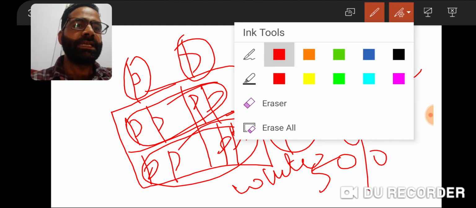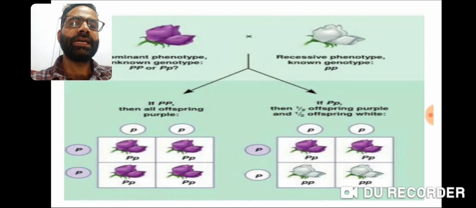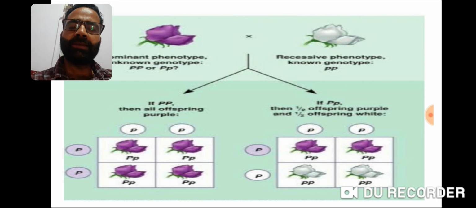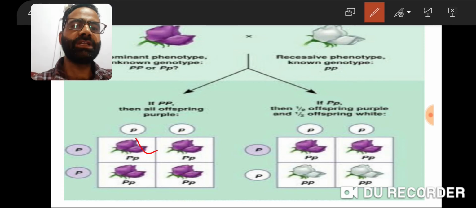We can say that this test cross has made us know whether the individual whose genotype is not known to us is homozygous or heterozygous. Or in other words, if the individual is capital P, capital P, that is homozygous dominant, then 100% purple flowers will be formed here.